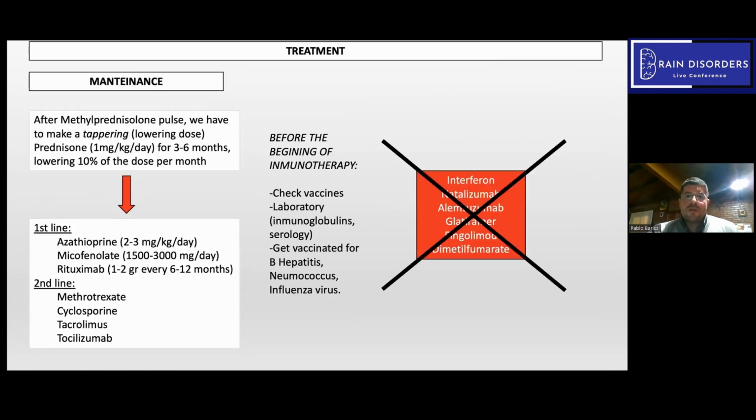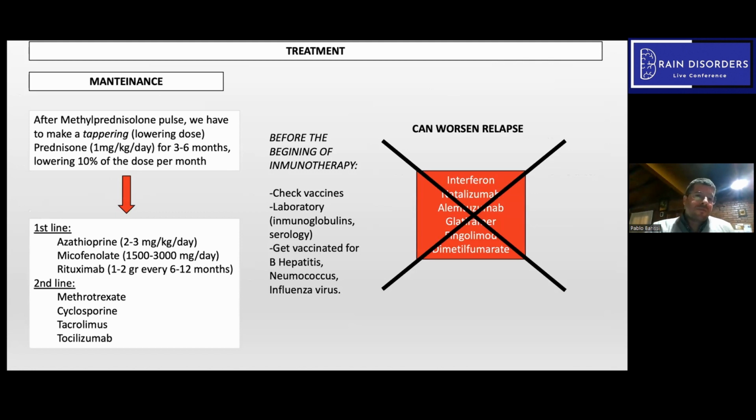And the other part of the treatment, the maintenance treatment. After the methylprednisolone pulse, we have to make a tapering, lowering doses over about 3 to 6 months with prednisone or prednisolone, for example, lowering 10% of the dose per month.